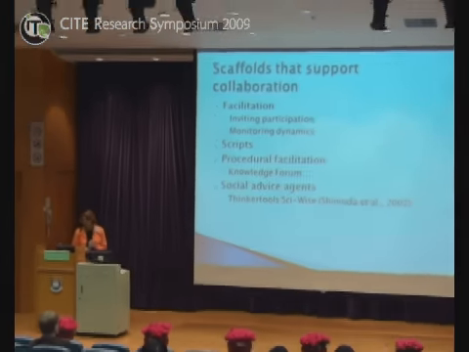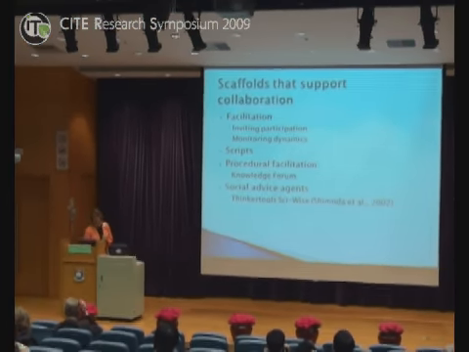There's also scaffolds that can support collaboration, and I actually thought I would find a lot more of these, given all the work on computer-supported collaborative learning. And I found many fewer than I expected. So first there's the facilitator, who invites participation and monitors dynamics. The facilitator still stays important. I'll show you in a minute an example of a collaboration script.